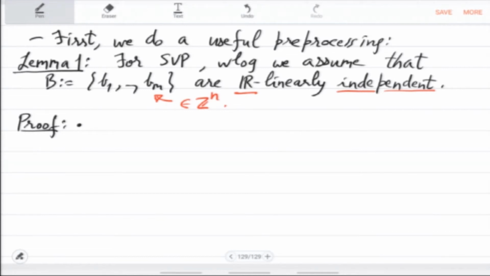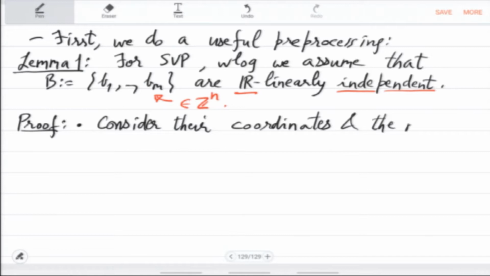the coordinates of b1 to bm, and the matrix B that they define.